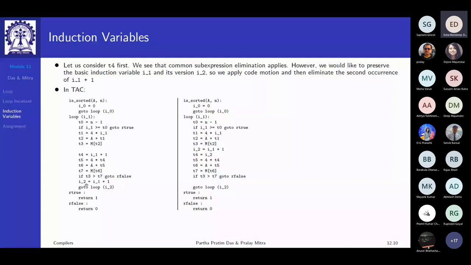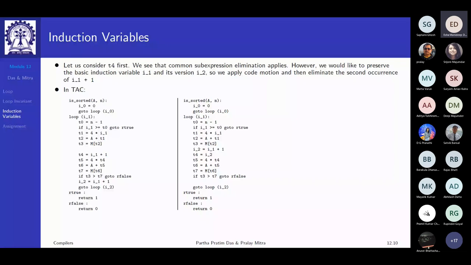But here, we play a little smart with the basic induction variable. We do not do that. We don't touch the update of the basic induction variable. So we want to do the sub-expression elimination in the other way, so that first we have this, and then we will update T4.